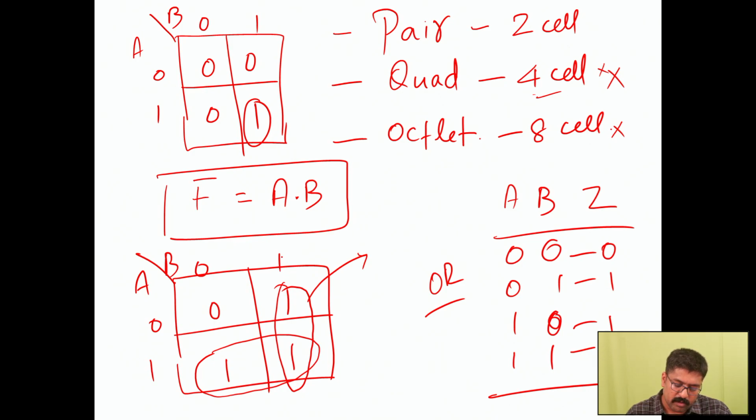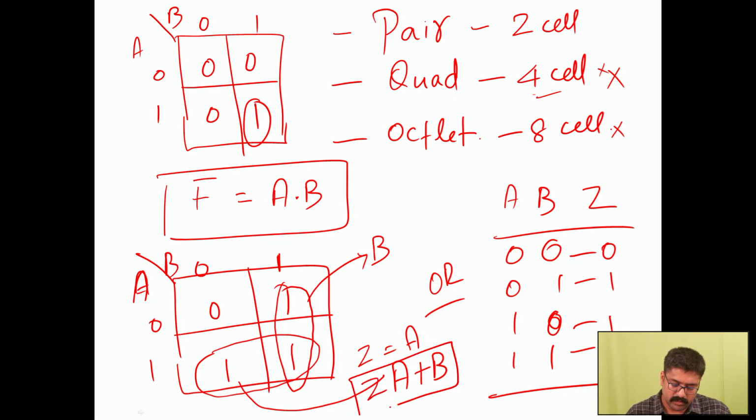So you can go up and see the value is 1, the corresponding is B, and for this you can come here to the left and the corresponding value is A. So together we can write Z is equal to A plus B. So the concept is in a 2 variable K-map, if we put a pair, 1 variable will be eliminated.